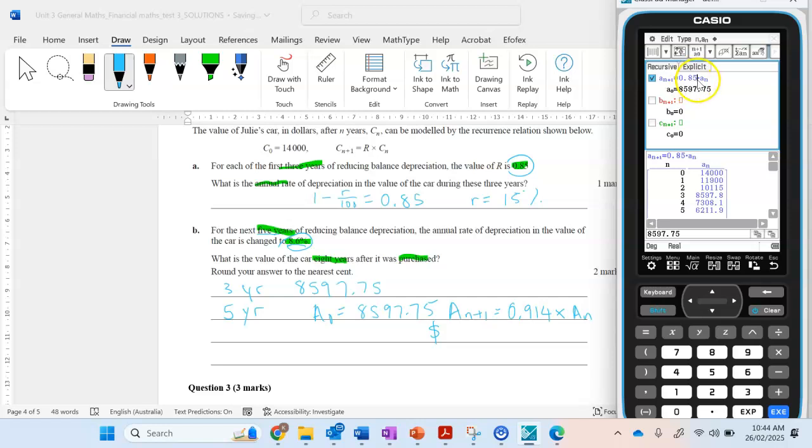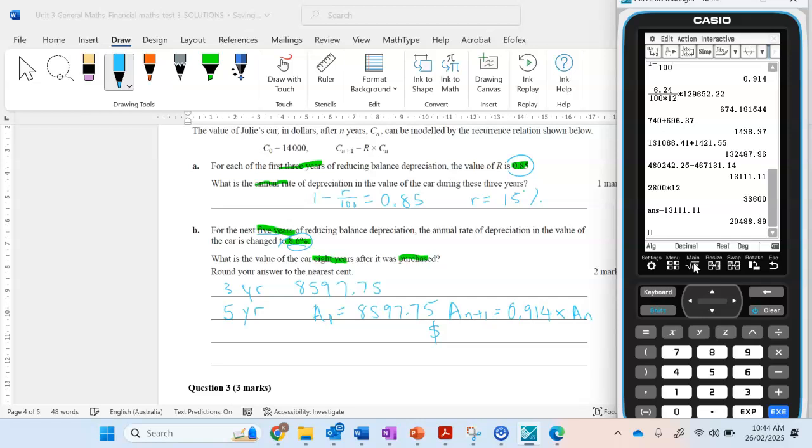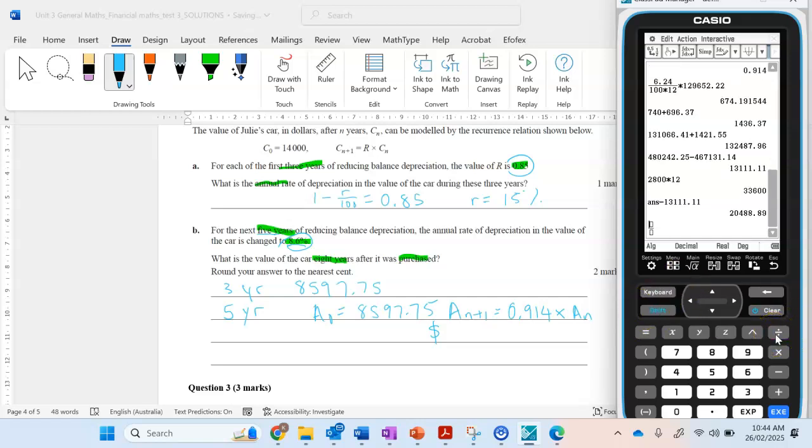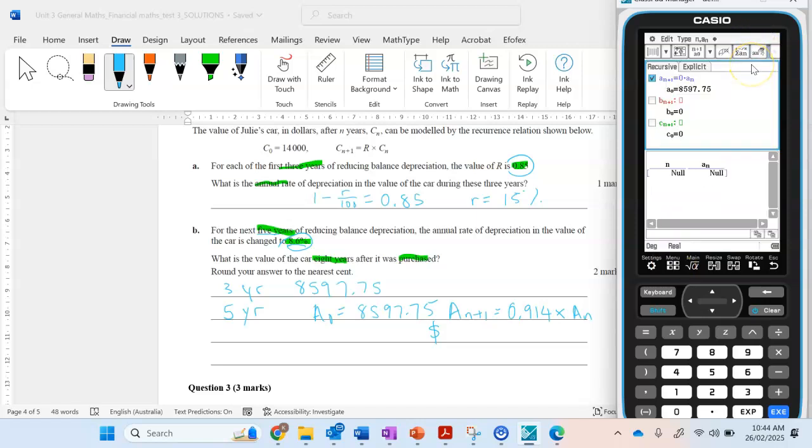And my value of R is 1 minus 8.6 over 100. I'll just quickly show you on here. So we've got 8.6, so 1 minus that amount. That's where the 0.914 has come from. So put that back into our sequence.